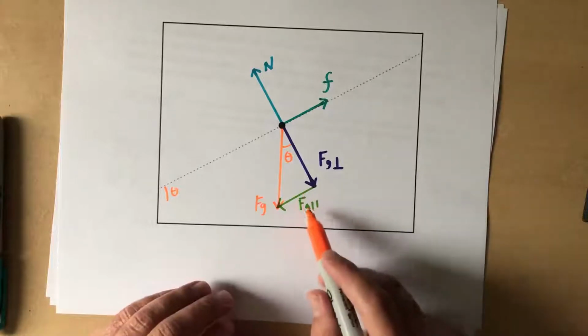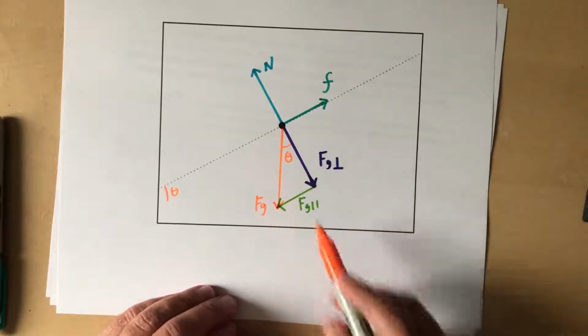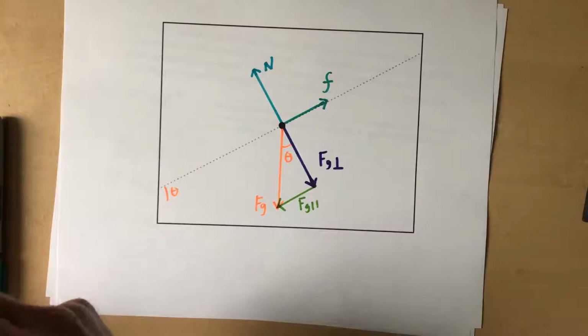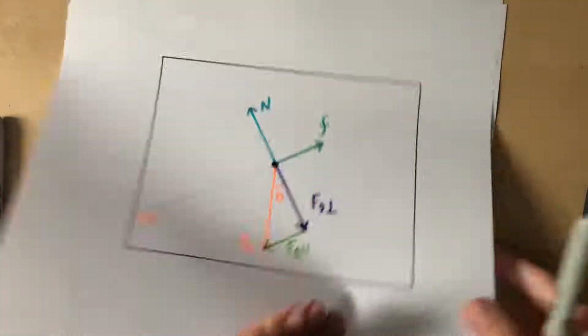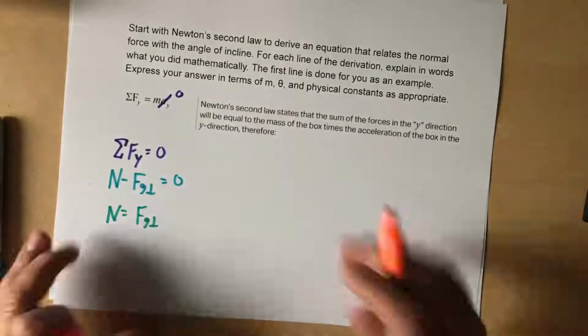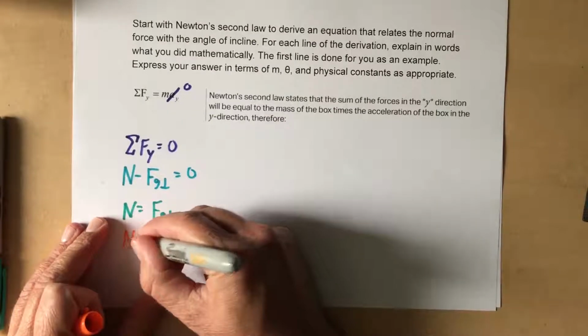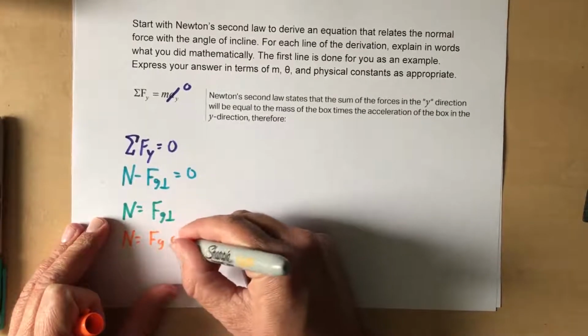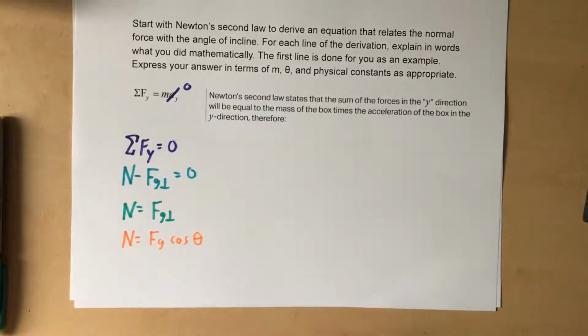So the force of gravity perpendicular is the adjacent side to the angle, which means we're going to use the cosine function. So the next line: the normal force is equal to the force of gravity times the cosine of the angle. That will give you the perpendicular side.